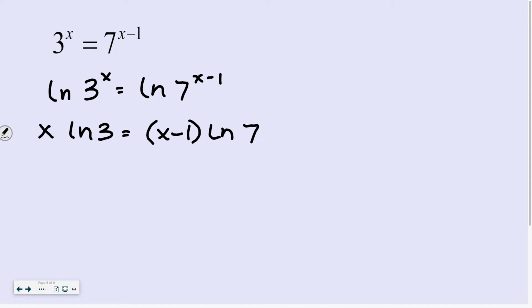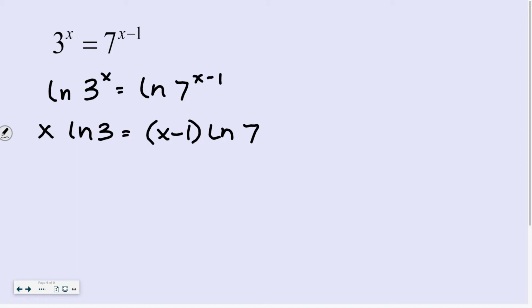Now, this equation looks a lot worse than it actually is because it has the ln everywhere, the natural log. So, do you agree with me that if we were to type in natural log of 3 and natural log of 7, those are just decimal numbers, the calculator would spit out whatever that may be.